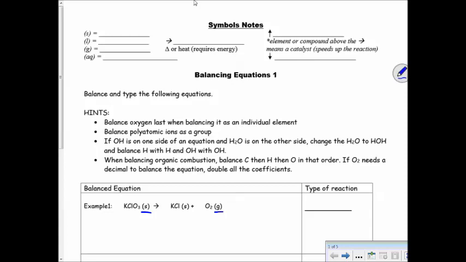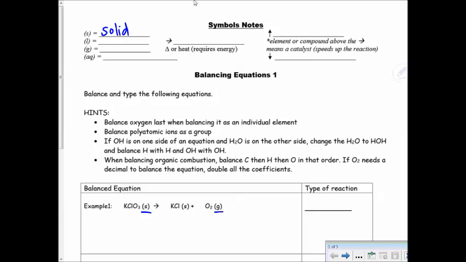So the symbol with the little S in parentheses is going to indicate that that compound or element is a solid. So that would be a solid. That would be in the solid phase or state of matter. If you're using states of matter, phases of matter, it would be a solid.